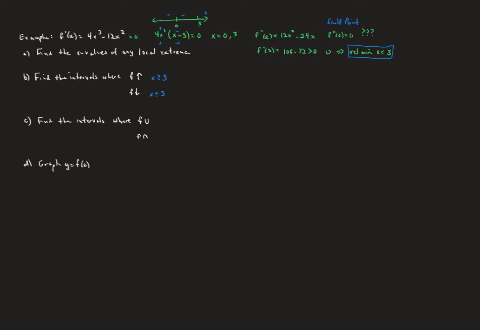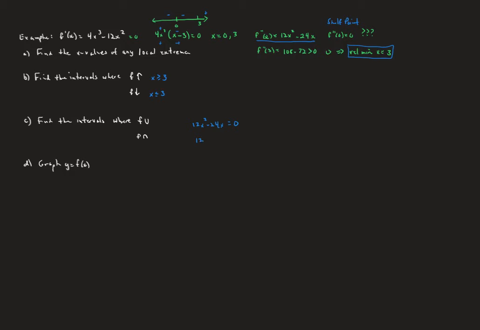For concave up, concave down, we have to look at that second derivative. And so now we need the signs on that. So here was our second derivative, and we can take that 12x squared minus 24x and set that equal to 0.